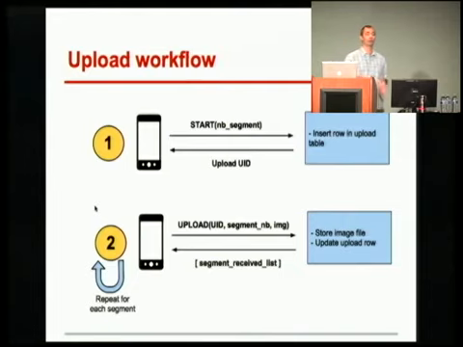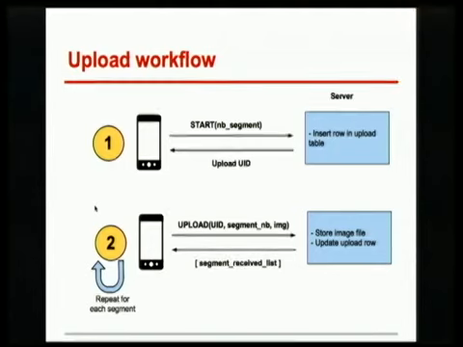Basically it's saying to the server, this is my upload for segment number 1, and here is the image. The server returns the list of segments that it already received. So in case there was a failure on the server, the client always knows what the server got and can repeat uploading a segment if it failed. So again, very simple.